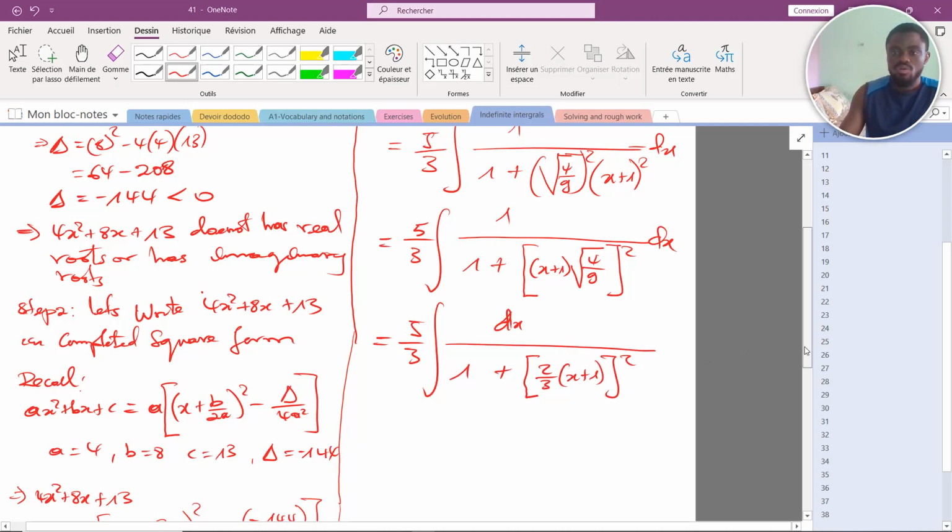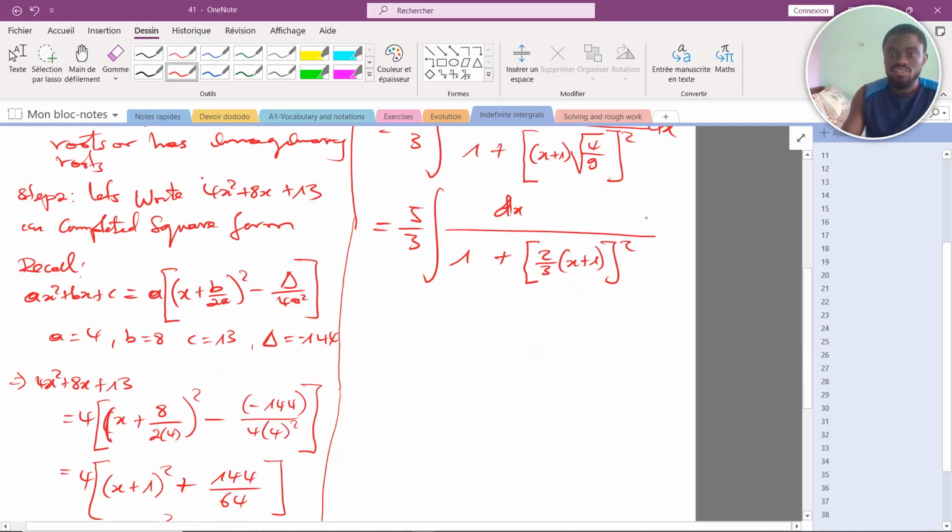So you basically see that this integral is already resembling 1 plus something, all that squared, dx.